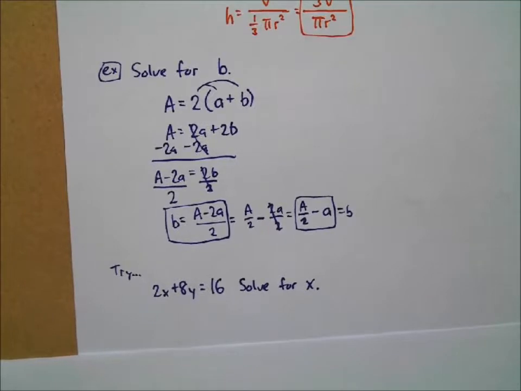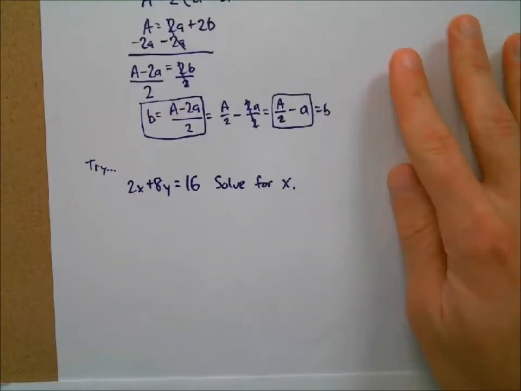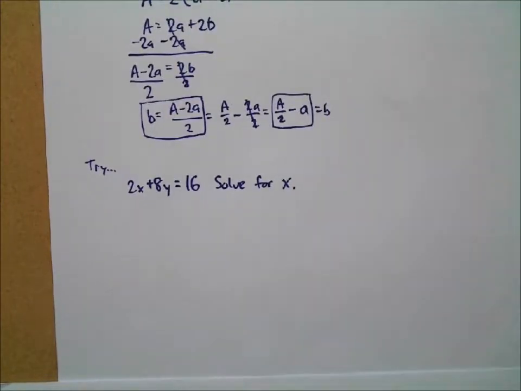Write it down. Get the x by itself. Show your work, please. See what you can come up with here. If you get stuck, let me know. We'll run around and help you.